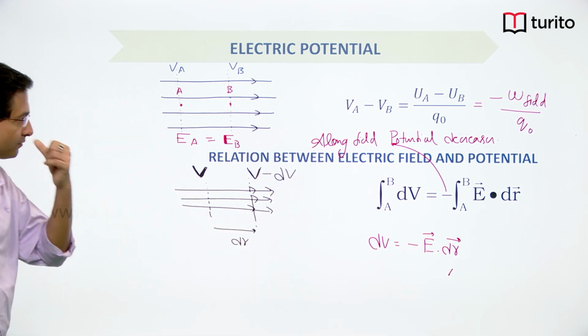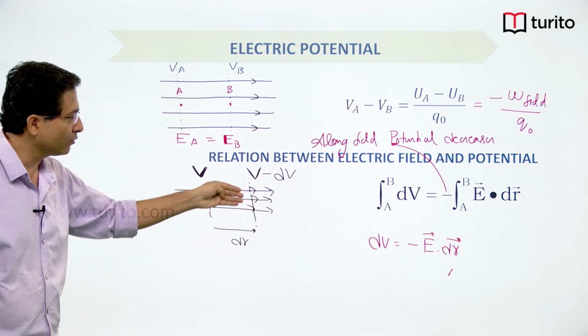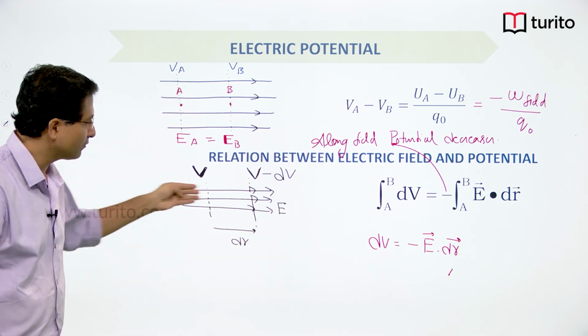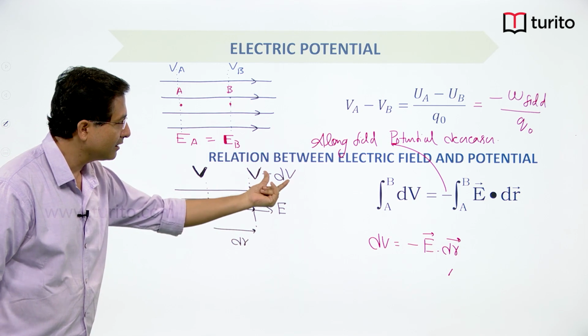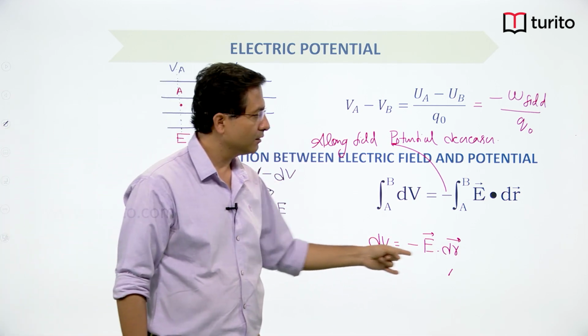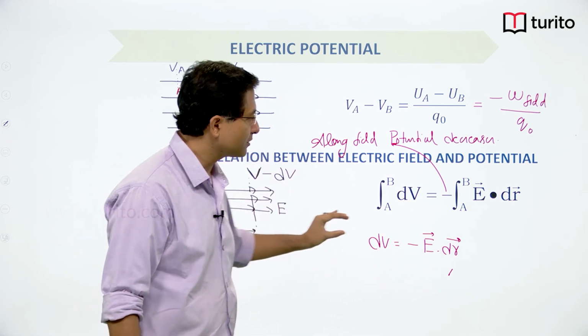This is the meaning of this expression, that when you move by dr distance along the field, potential decreases by dV. This is the meaning of dV is equal to minus E dot dr. I hope the meaning of this expression is clear.